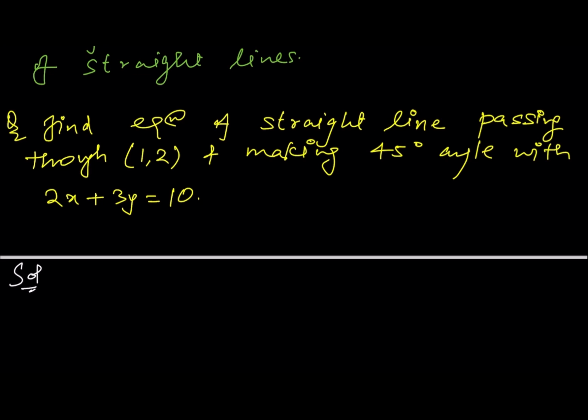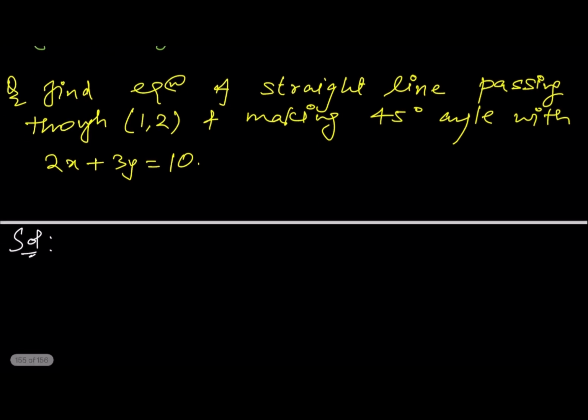So let's say slope of required line is m, so equation of line we can consider as y − 2 is equal to m times (x − 1), right?